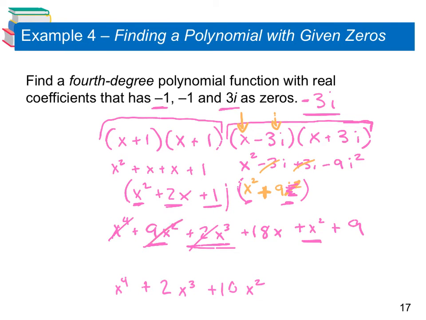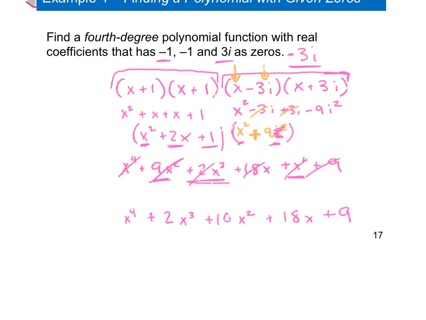And then we only have one x, so that is 18x, and one constant, which is 9. So our 4th degree polynomial is x to the 4th plus 2x cubed plus 10x squared plus 18x plus 9, and then we have to say is equal to 0. So we always have to include this equal to 0 at the end. But this is our answer.